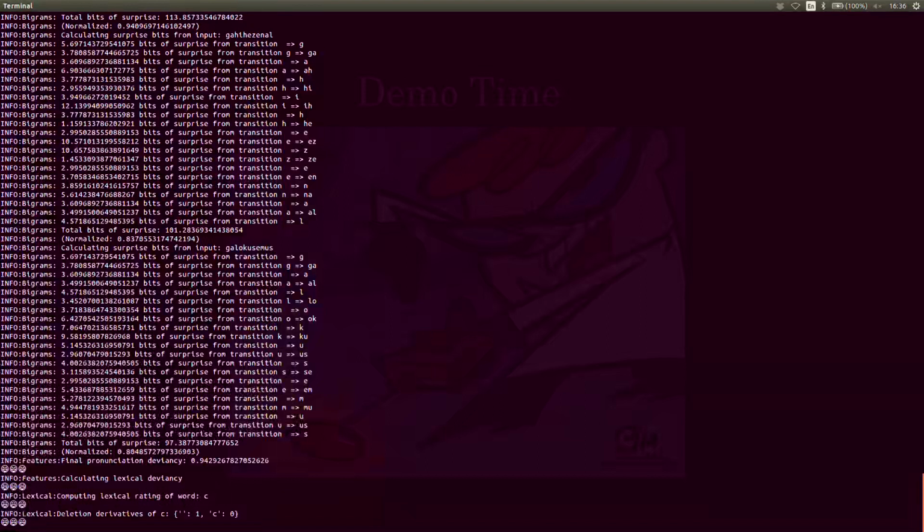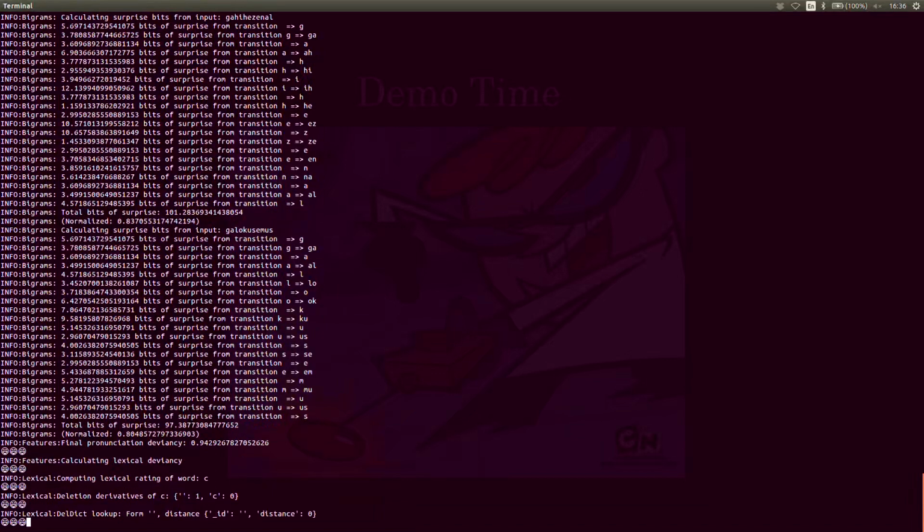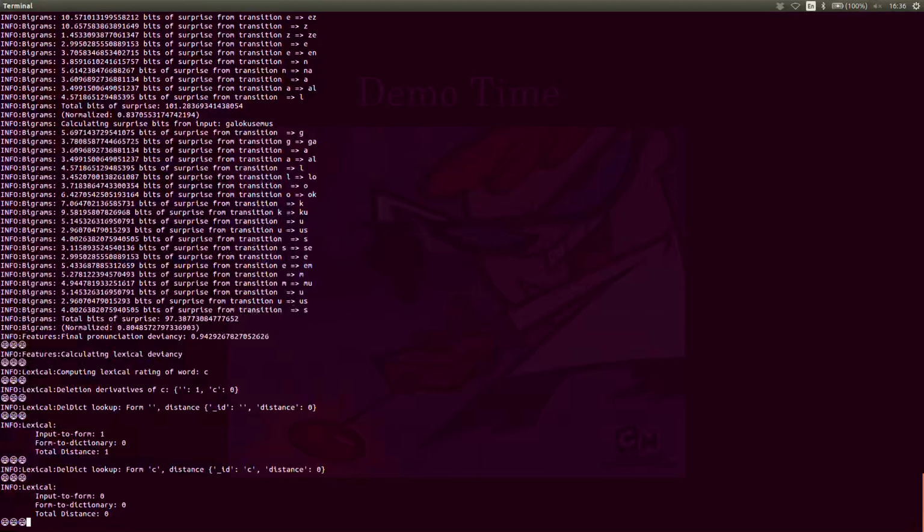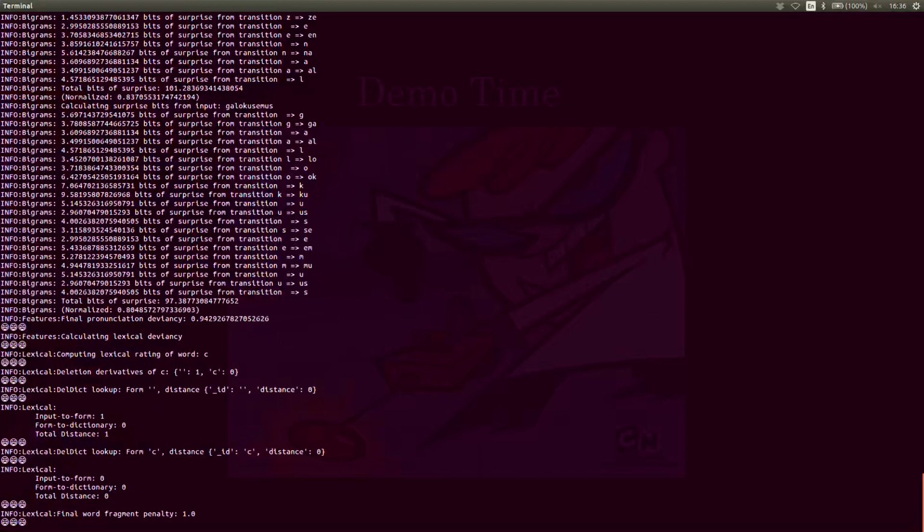So we perform the lookup on the prefix C, and we can delete nothing and stay with C, or we can delete the C and stay with nothing. And it turns out that both of those options are in the dictionary. So obviously it's better to have to delete nothing and just say that C is in the dictionary. It's a candidate.